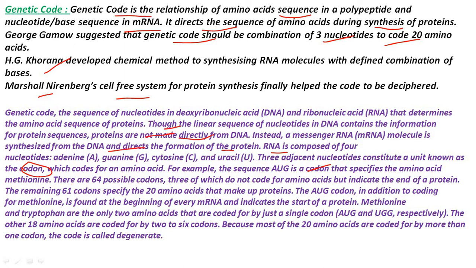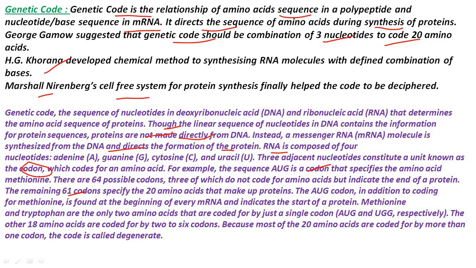And there are 64 possible codons, 3 of which do not code for amino acids but indicate the end of the protein. The remaining 61 codons specify the 20 amino acids that make up proteins, and the AUG codon, in addition to coding for methionine, is found at the beginning of every mRNA. As I said, it's the start codon and indicates the start of a protein.